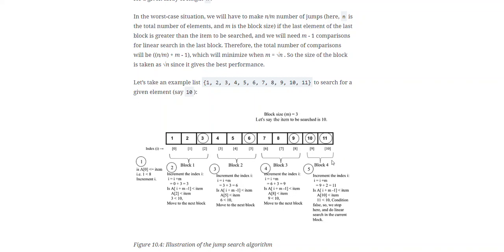And what I'm going to do is I'm going to go look at block 1, and I'm going to look at the first item, and I'm going to look at the last item. So all right, block 1, I jump to the last item, and I say, is that higher or lower than what I'm looking for?